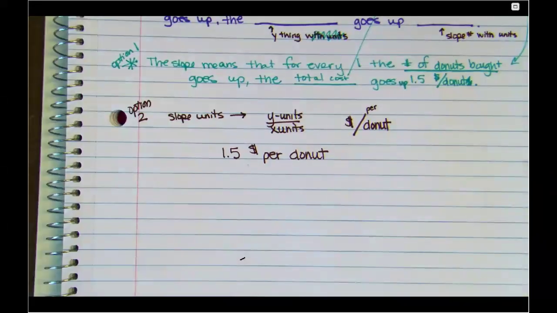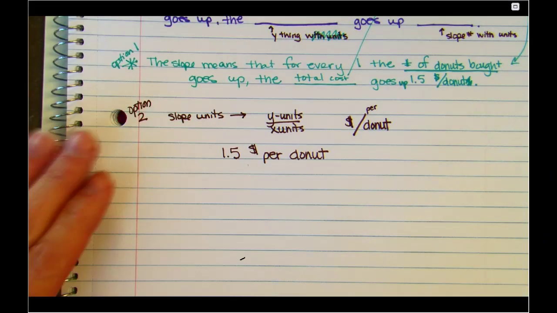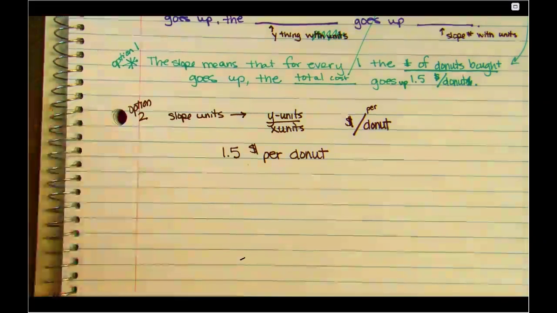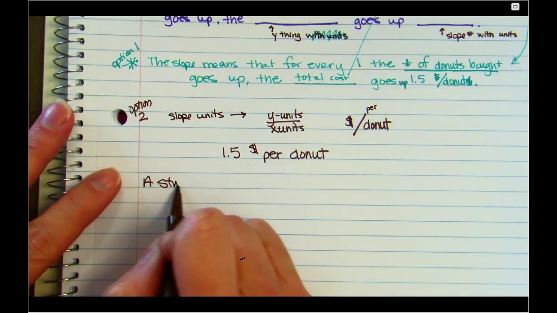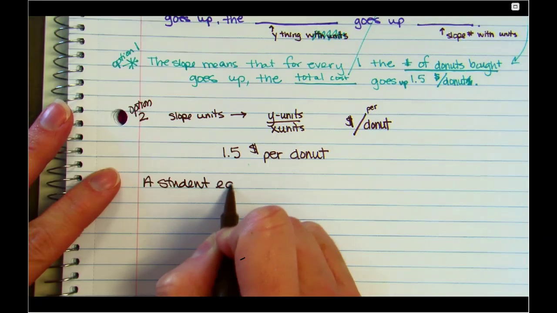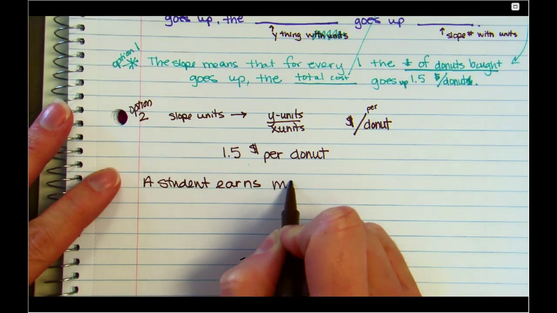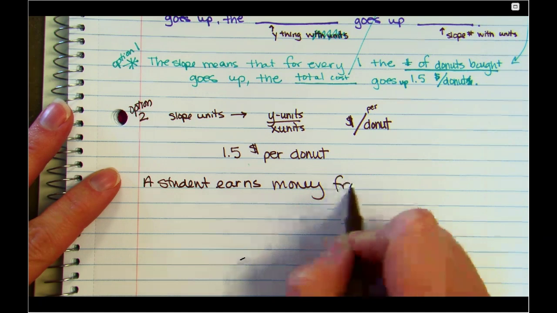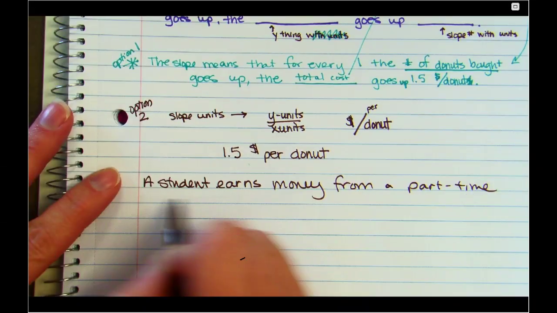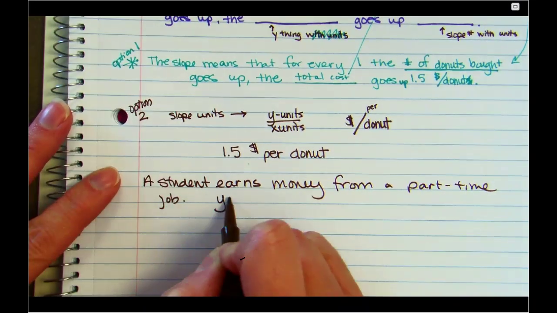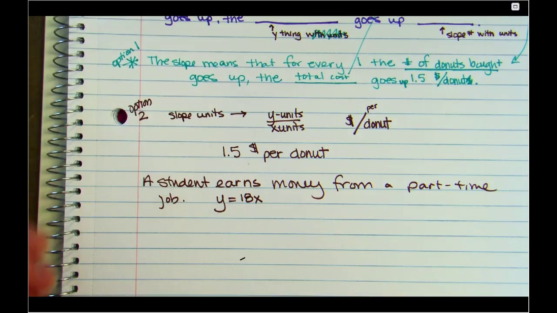Okay, so let's say we have number 2, you don't have to get it back out, but number 2 said a student earns money from a part-time job. Okay, we've got the equation y equals 18x.